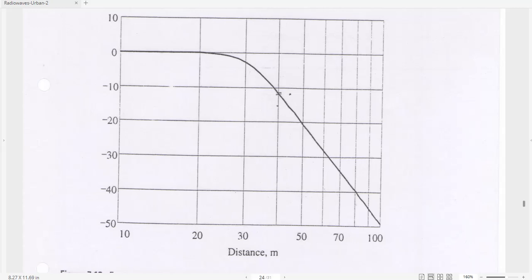You can see here that below around 30 meters, where the distance inside the building is less than 30 meters, the attenuation is insignificant, very small. You can consider it almost zero. After 30 meters distance between the transmitter and the receiver within a building, the attenuation falls fast.